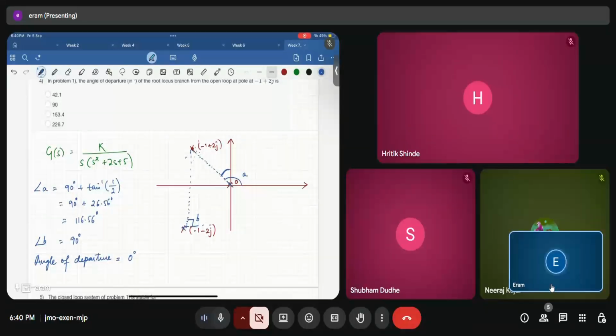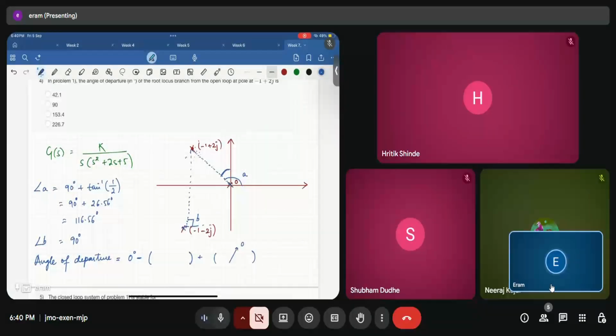Because the angle criterion changes in this case, and it will be minus of the sum of the angles made by open loop poles plus the sum of the angles made by open loop zeros.